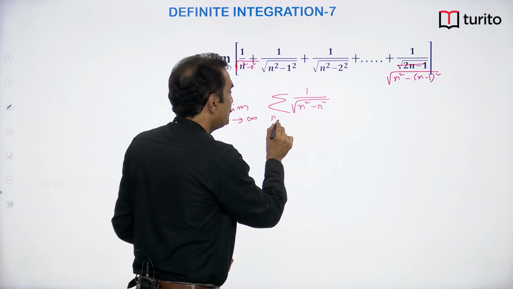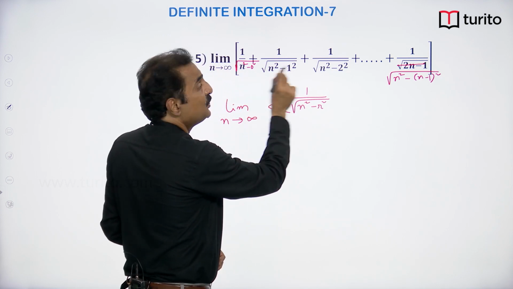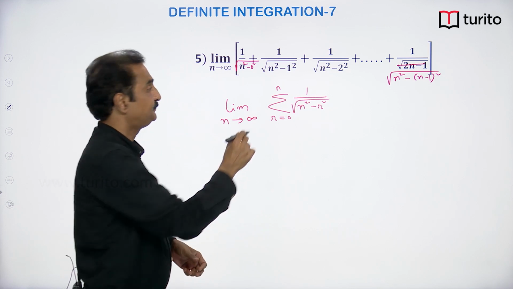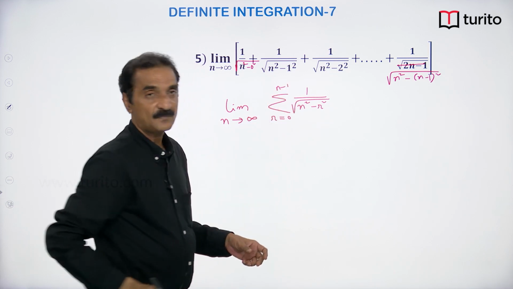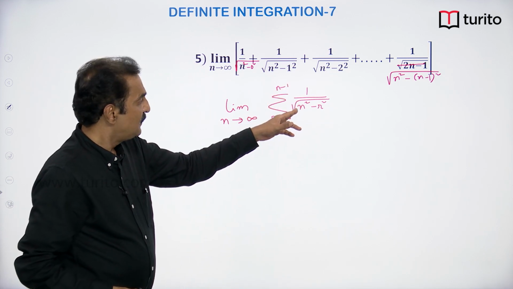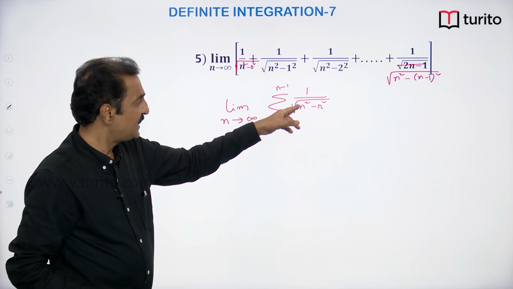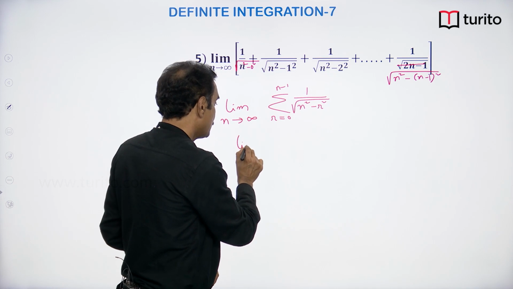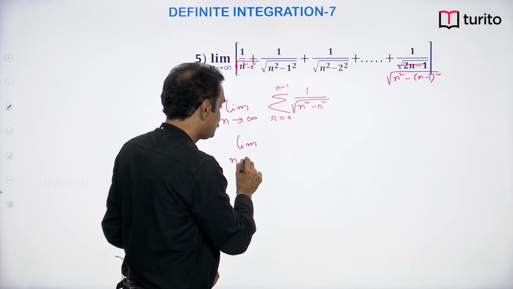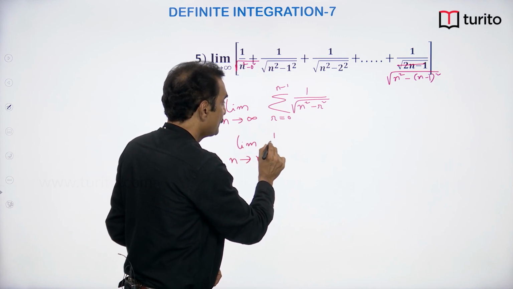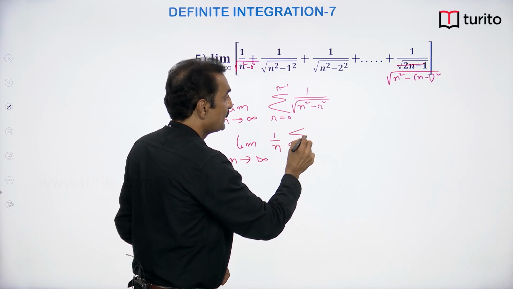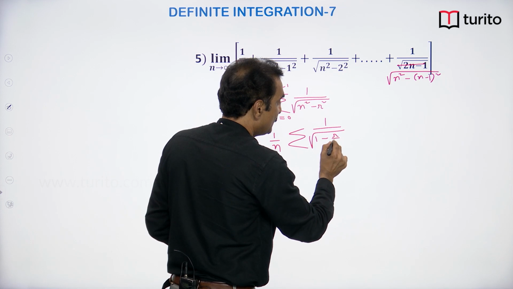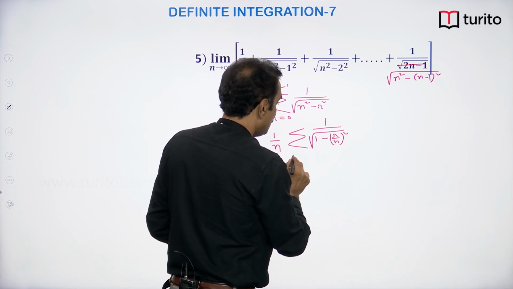R varies from 0 to n minus 1. Now, we want 1 by n before sigma. So, taking n square common from the square root, you will get it like this.